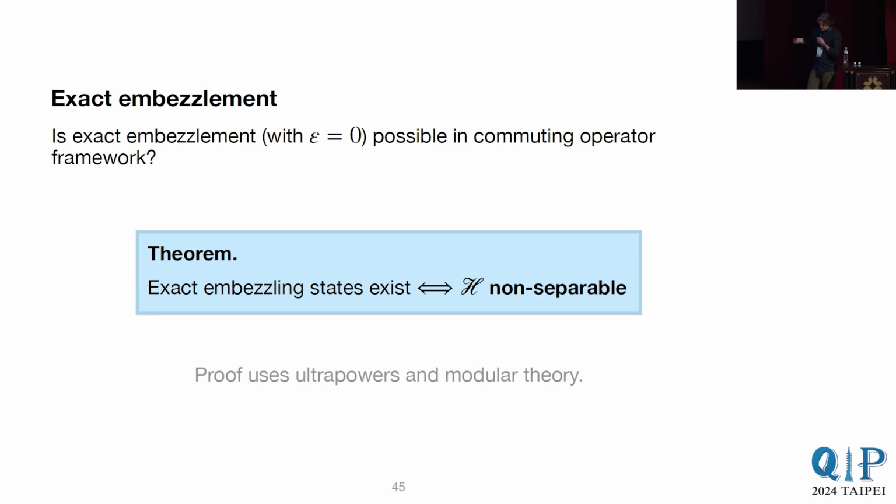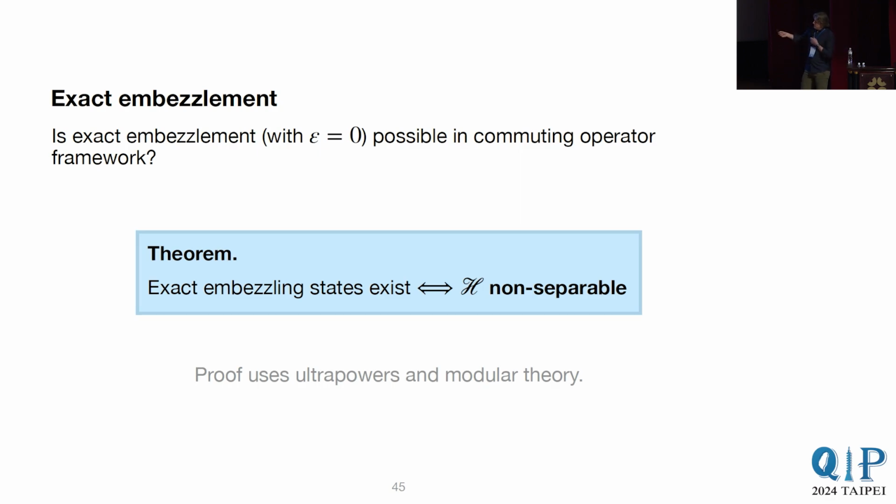Now one other question which we ignored so far, which Hendrik mentioned briefly in the beginning, is can we also do exact embezzlement? So can we put this epsilon to 0? We already know that in the tensor product framework this is not possible, but can we do it in the commuting operator framework? Here our results imply that exact embezzling states can only exist if the Hilbert space on which these algebras act is non-separable.